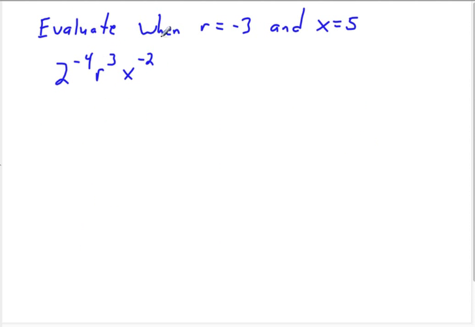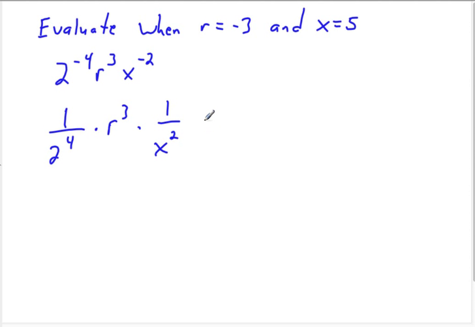Evaluate when r equals -3 and x equals 5. Remember, evaluate means replace the variables with numbers and then simplify. So here we have 2 to the -4th, which is going to be 1 over 2 to the 4th. Then we have times r to the 3rd times x to the -2, which is 1 over x squared.